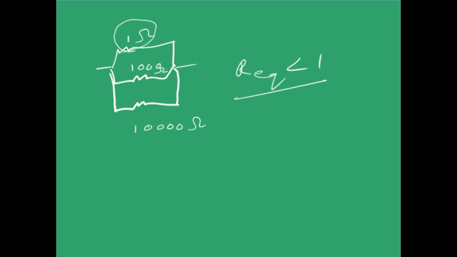If this is 1 ohm, if this is 1000 ohm, and this is 10,000 ohm, even without calculating, I can say that the equivalent resistance will be less than 1. Just see all the values, pick up the smallest one, and the equivalent resistance is going to be less than 1. If you want, you can check it using the formula.